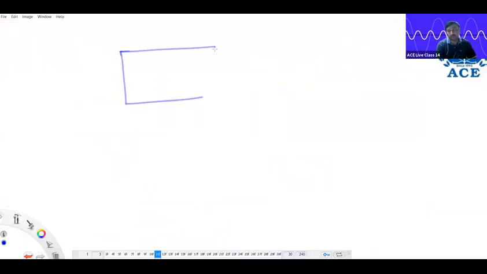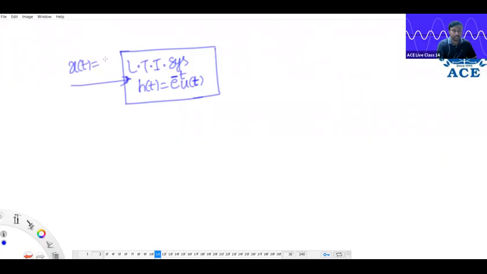If we treat the LTI system as h of t equals e power minus t u of t, and apply the input as an impulse, what is the output we will write? Any signal convolved with an impulse replicates the signal.